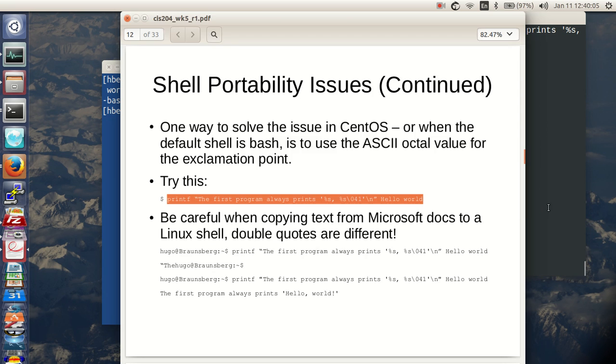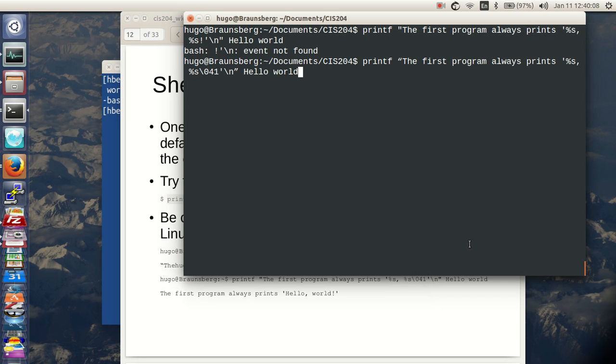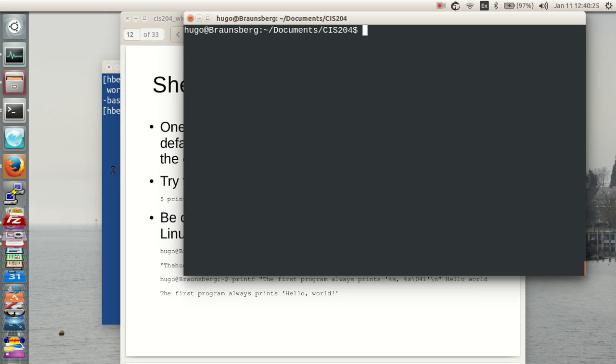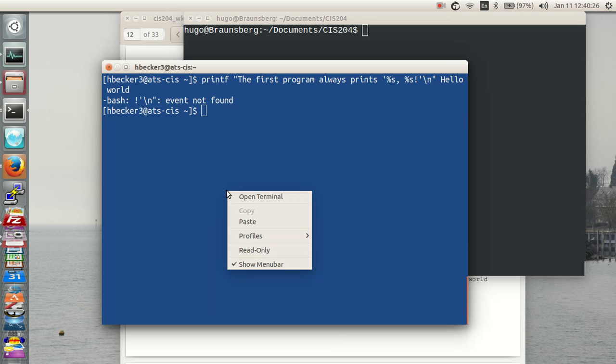Okay, so what is this? That's an octal 41. What does that do? Let's try this. And again, it gives me this odd result.